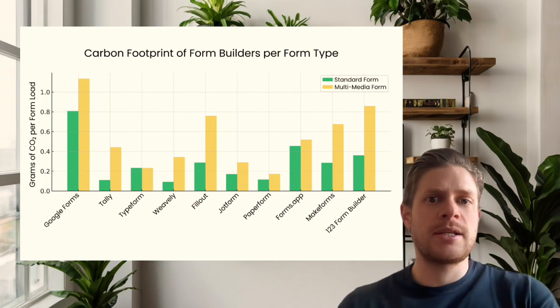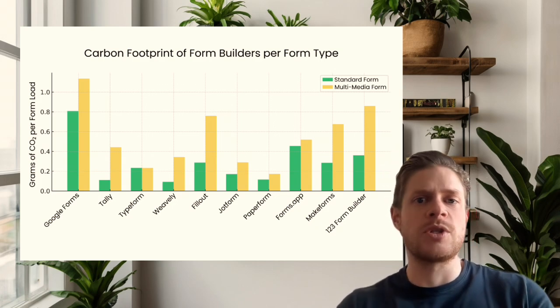So whether you're using conditional logic, a single page form with 3 questions, or a multi-page form with a whole bunch of questions and different form element types, there's virtually no difference. But as soon as you start adding multimedia, so images and video, your form emissions will go up. So that's the only differentiating factor that we found across any form builder. So this means that you can basically split up your form types into media and non-media type forms.